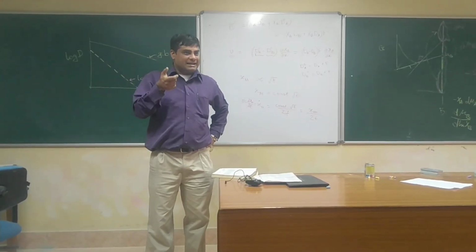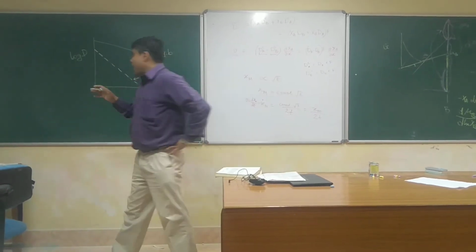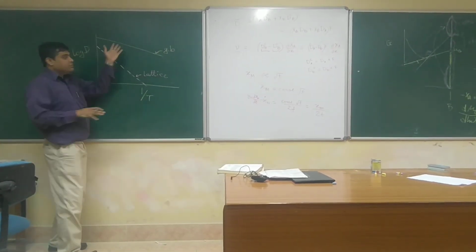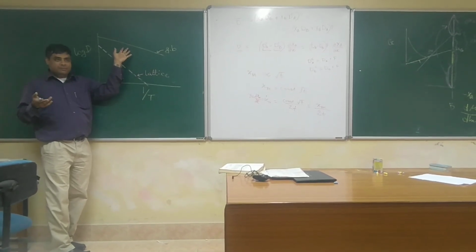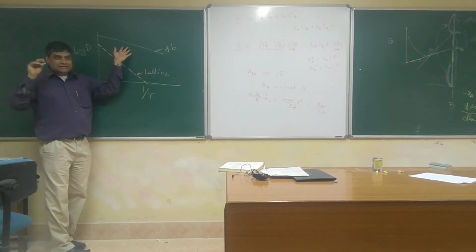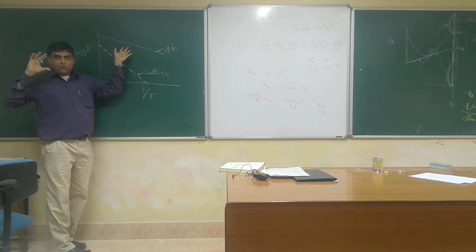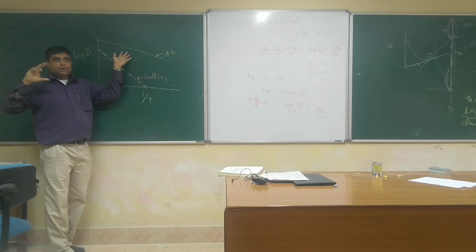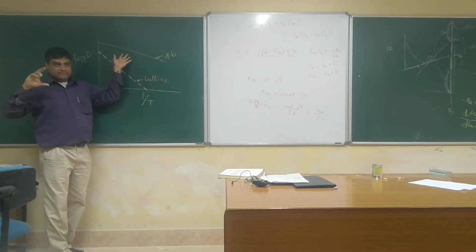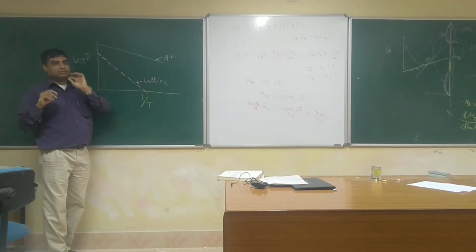So the grain boundary diffusion coefficient will have a contribution weighted by its thickness over the grain size. With respect to grain size, what is the grain boundary thickness?